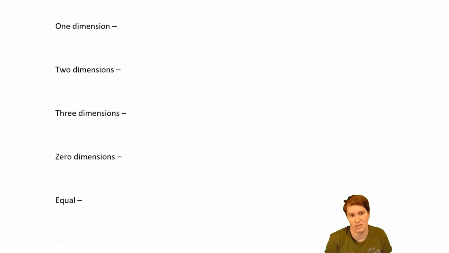So 1 dimension are lines or rays or line segments. But also it's just the idea that we're only moving in one direction, either left or right or up or down.